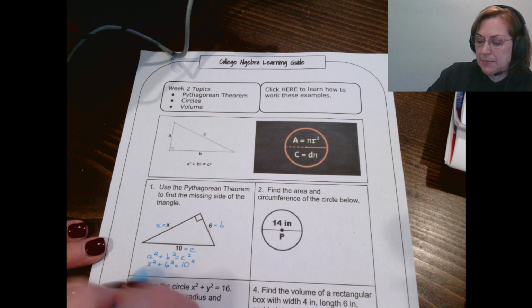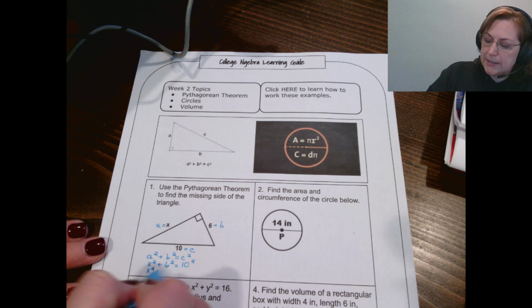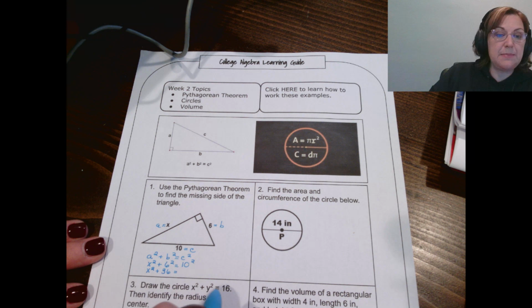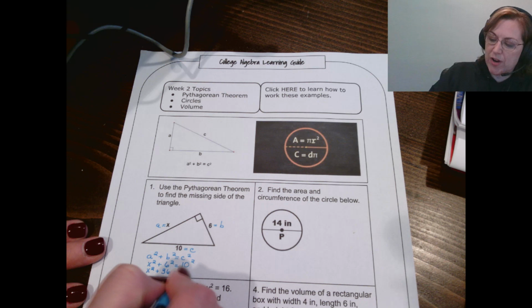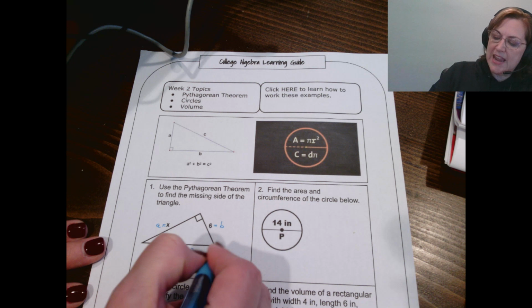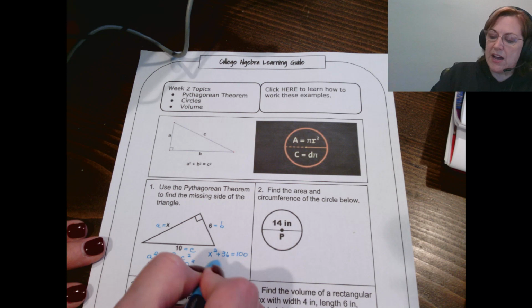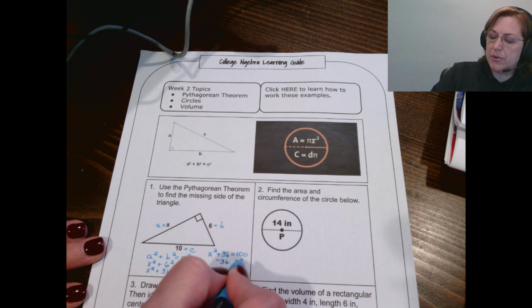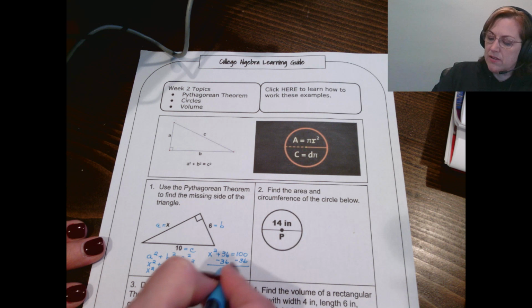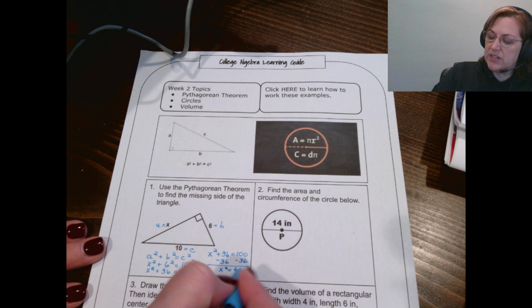So 6 times 6 gives me 36, and 10 times 10 gives me 100. And I'm going to move over here and solve for X now. So I'm going to subtract 36 from both sides so that I get X squared equals 64.